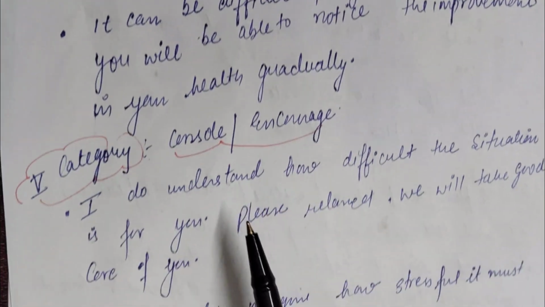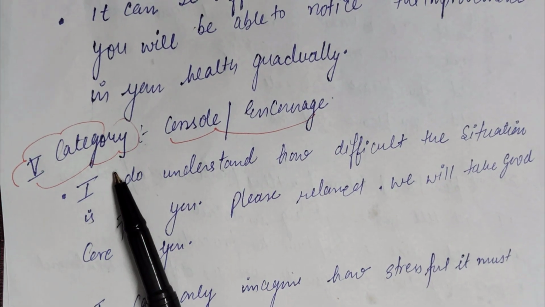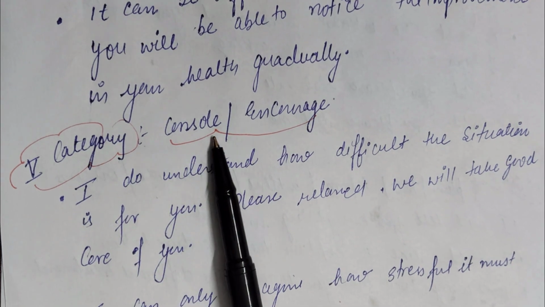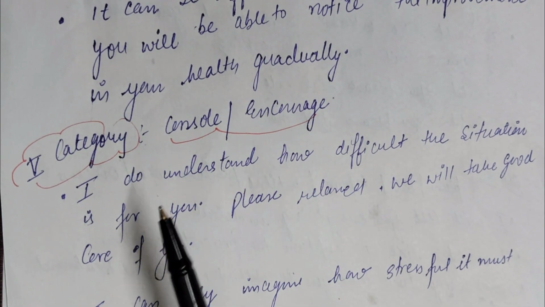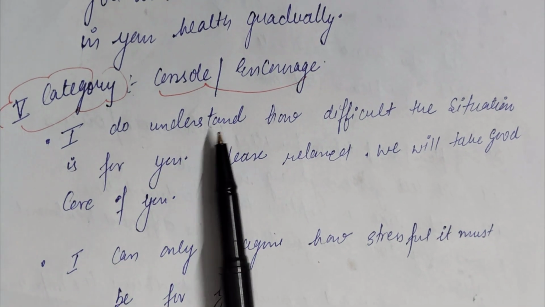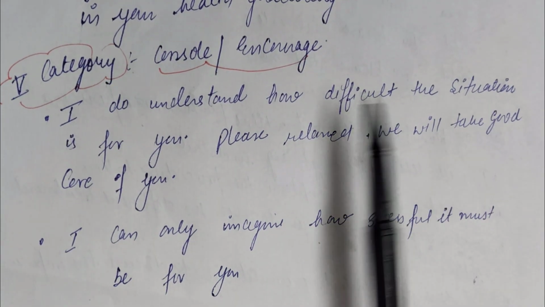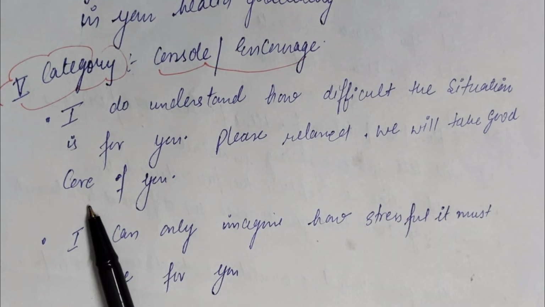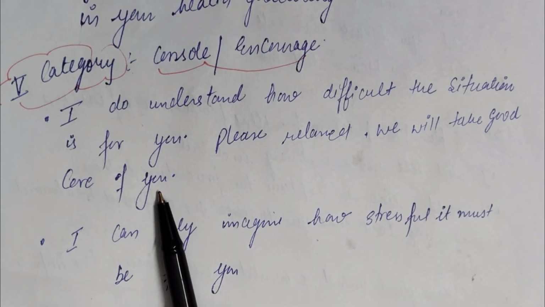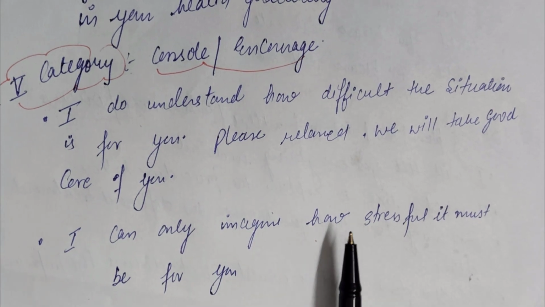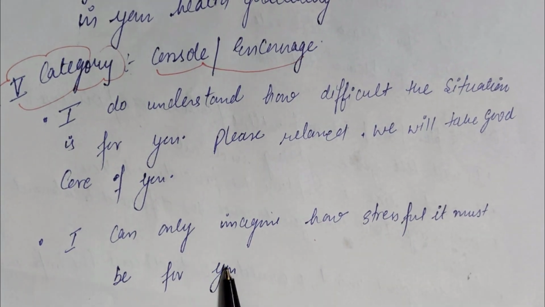The next is also a fifth set, console or encourage. The functional phrases are: I do understand how difficult the situation is for you. Please relax, we will take good care of you. Next is: I can only imagine how stressful it must be for you.